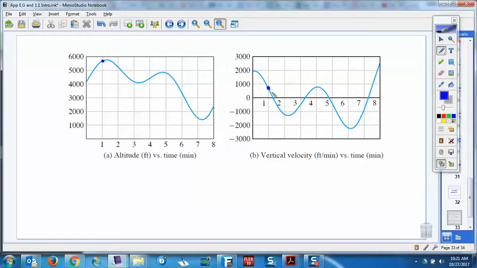Is it true what he said that the speed is decreasing at 1 minute? Is that true? You went farther with this than I was thinking of. Isn't that true? Yeah, because this is at speed.